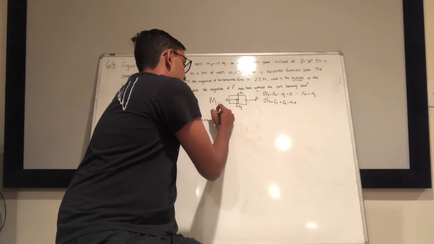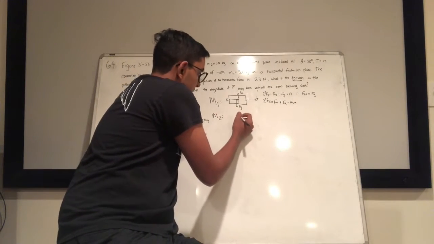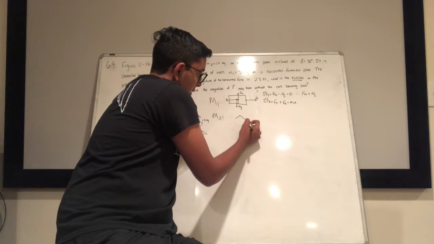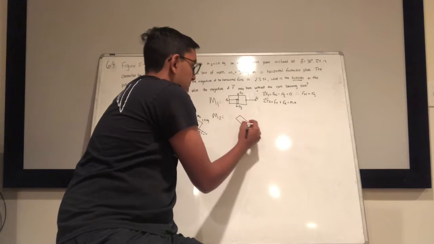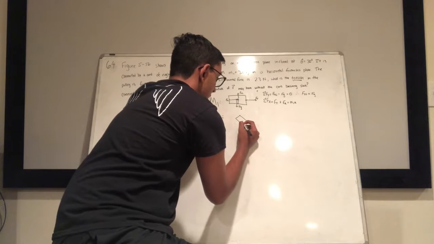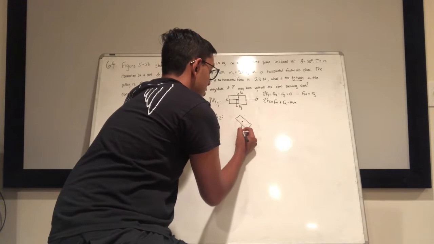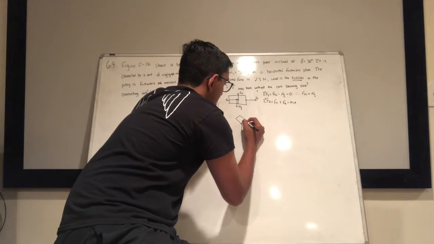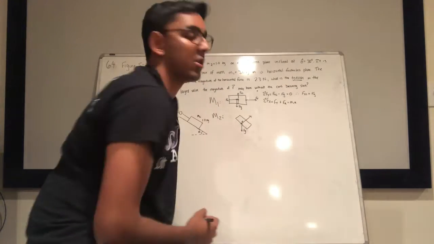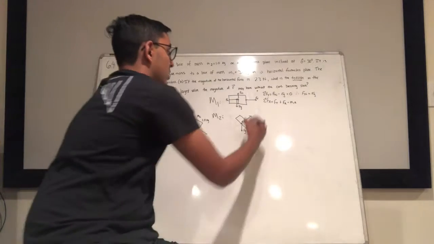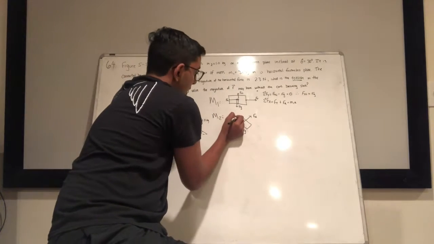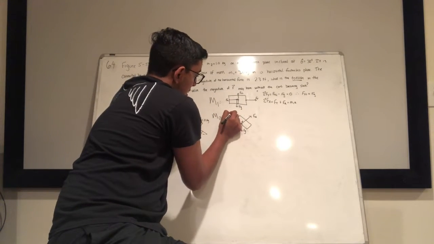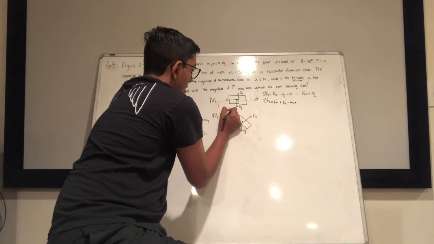Now let's look at block number 2. This one is at an angle of 30 degrees. So it feels a force Fg straight down, a normal force Fn perpendicular to the incline it's on, and then a tension force up the incline.